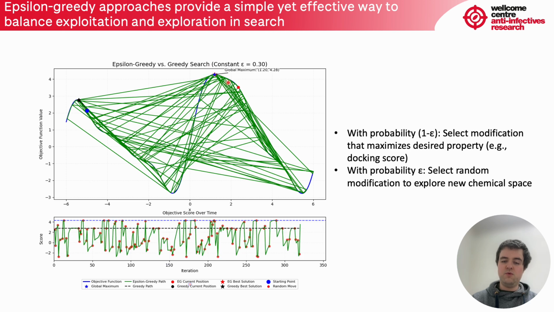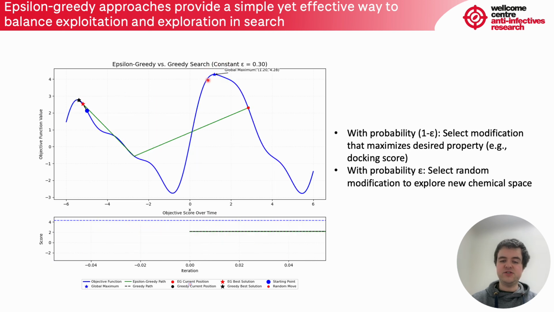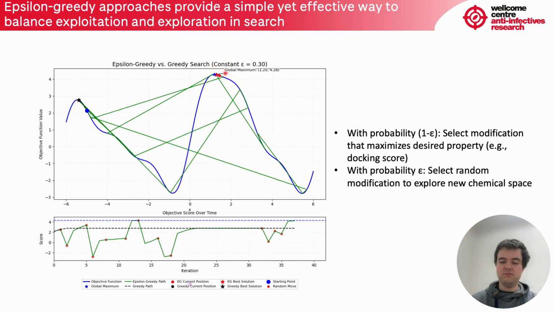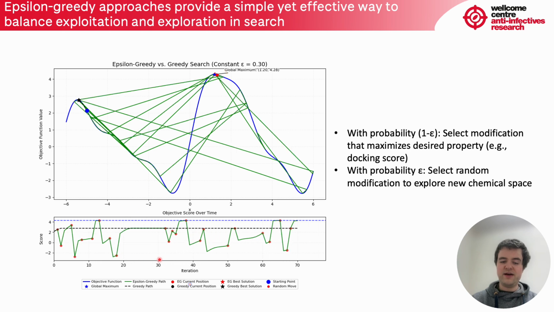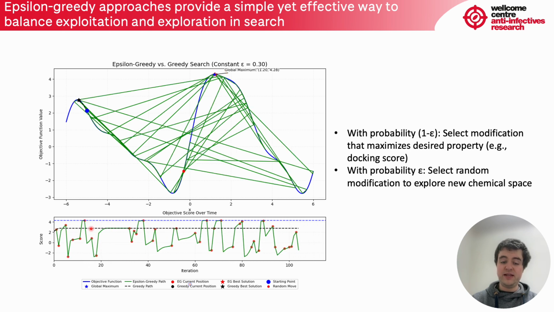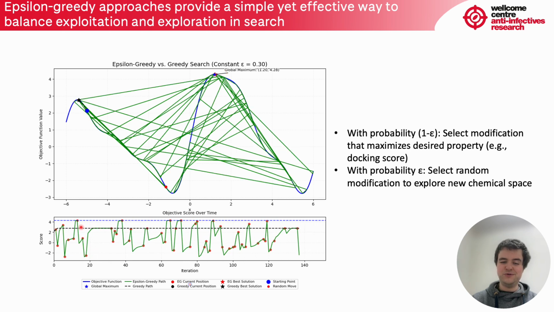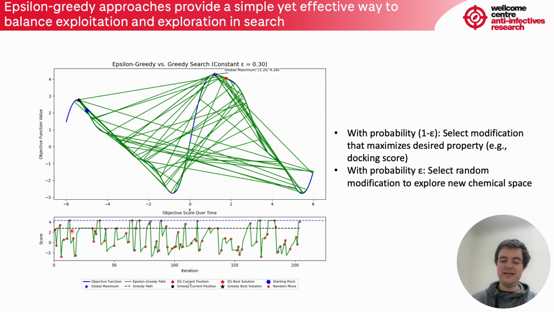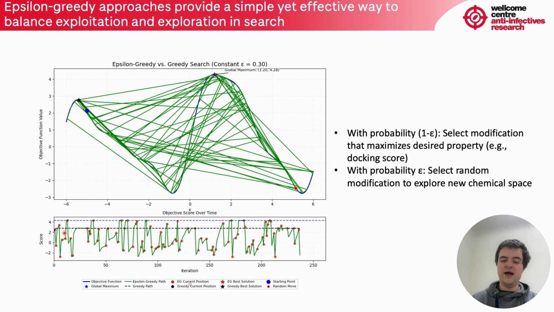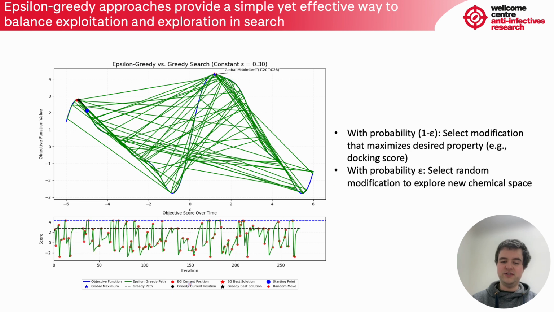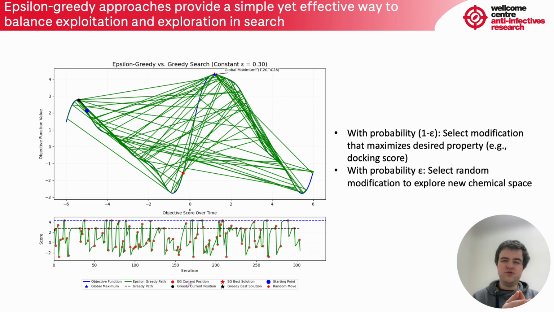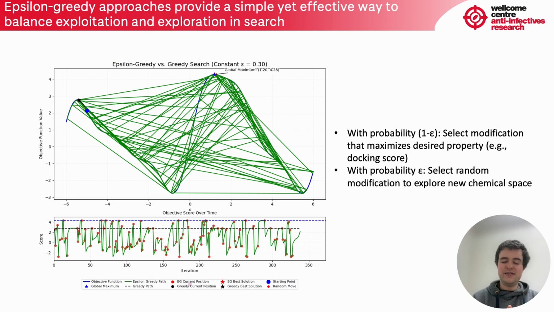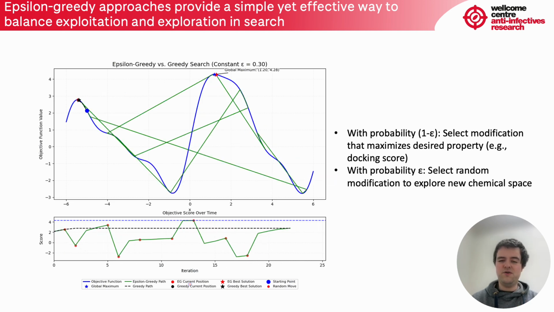And eventually it will, by happenstance, fall upon the global maximum. You can see very quickly, in fact, it's only about 15 iterations, you can identify scores which are better than the original greedy search. So this means that by introducing a little bit of stochasticity, we can actually improve our overall search.